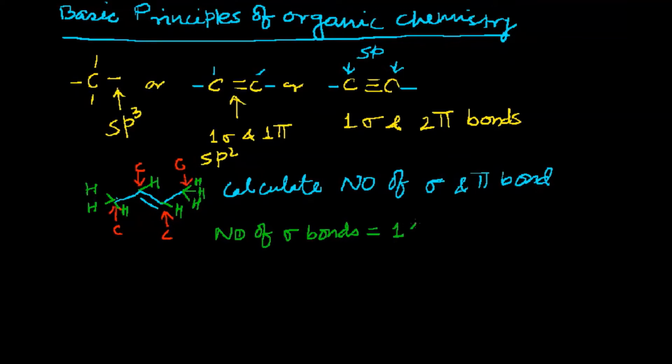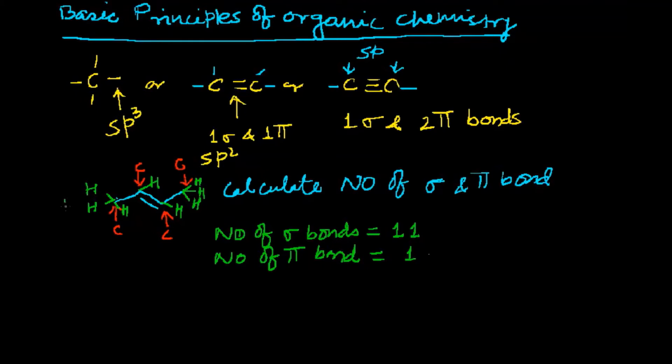So we have 11 sigma bonds, and how many pi bonds? As far as the number of pi bonds is concerned, any multiple bond will have a pi bond. Like in this case, it has only a single double bond, so we can say it has only one pi bond. So based on this we can say it has 11 sigma and 1 pi bond. So it's very important to understand.